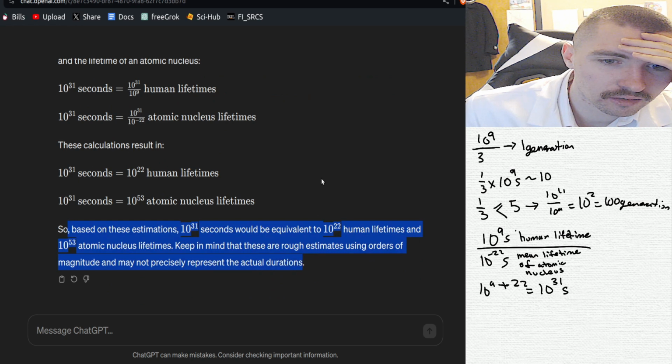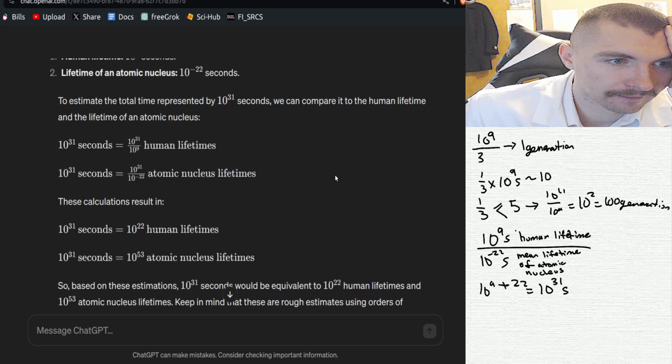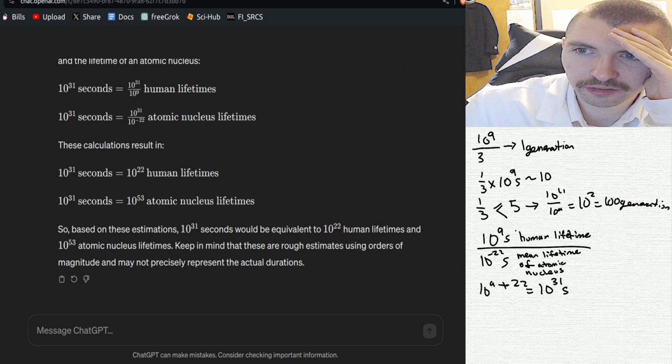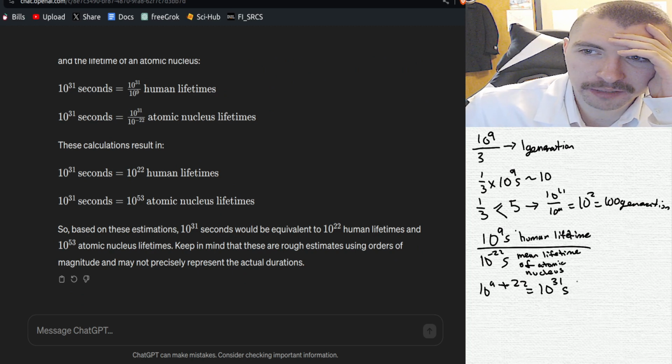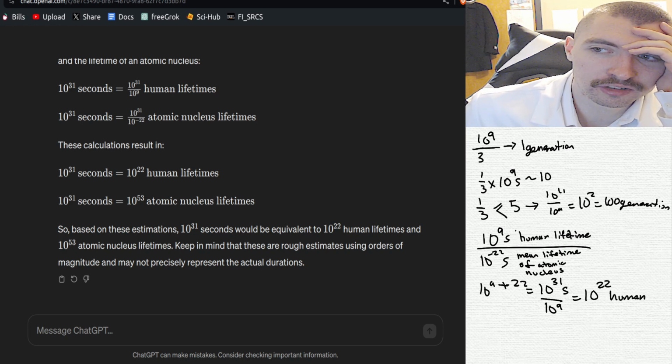So, I think this makes a little sense. Basically when you get this number, human lifetimes per nucleus, you want to know how many lifetimes this is. You take 10 to 31 divided by 10 to the 9, 10 to the 22 human lifetimes. So this is not seconds anymore.